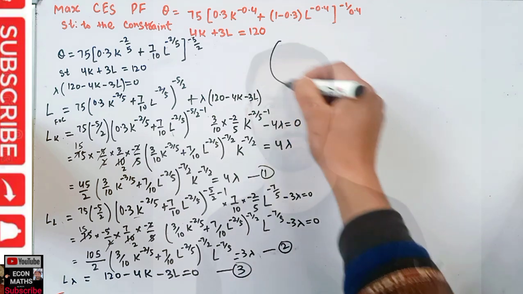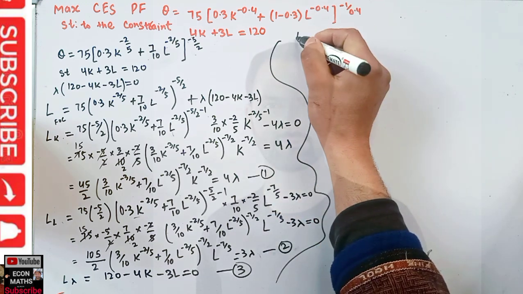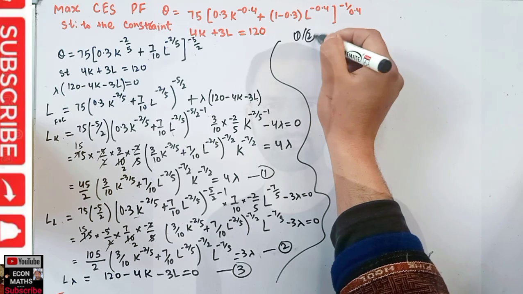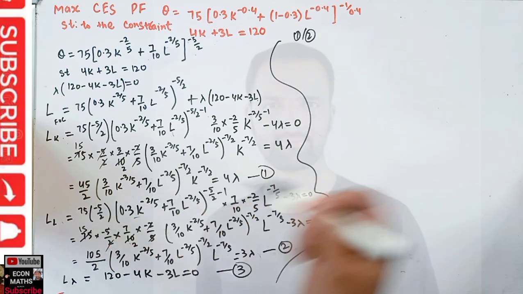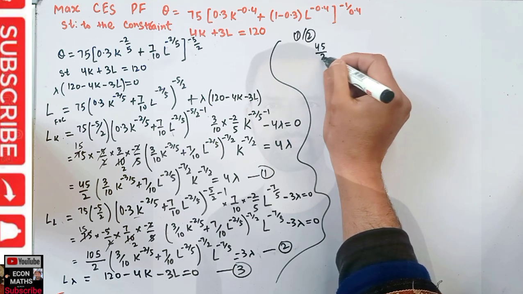Okay, I hope it is not getting messy here. So now we need to find the optimal values of L and K. Okay, how do we find the optimal values? If we divide equation first by equation second, so what is equation first? This is 45 upon 2.